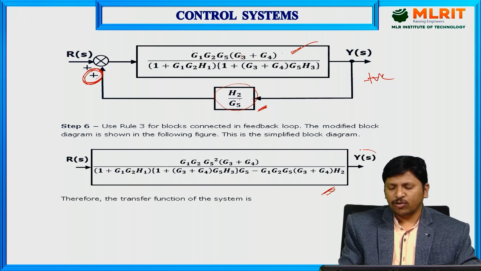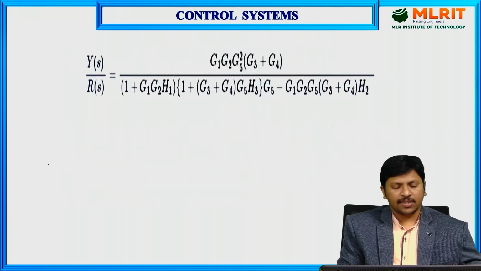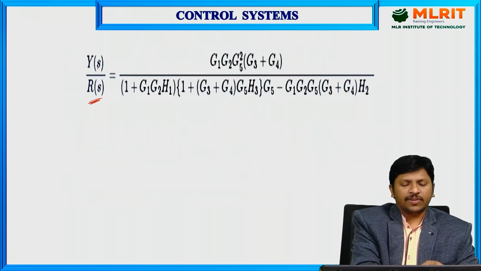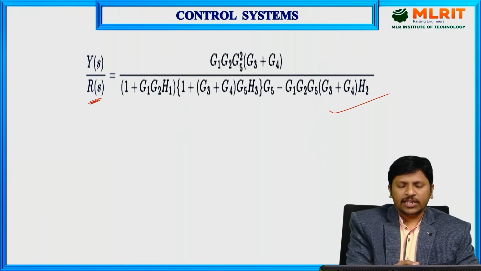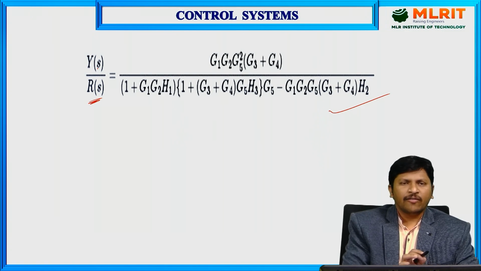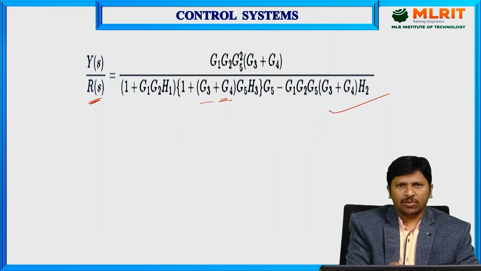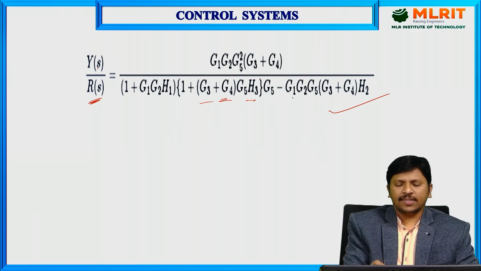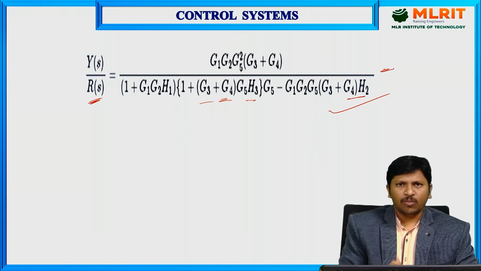So the transfer function, Y of s divided by R of s, is equal to G1 G2 G5 squared of G3 plus G4, divided by 1 plus G1 G2 H1 of 1 plus G3 G4 and G5 H3, next G5 minus G1 G2 G5 of G3 plus G4 and H2. This is the final transfer function of the given block diagram.